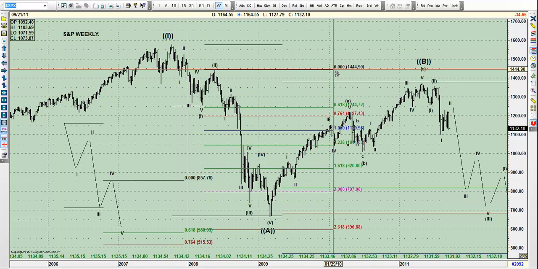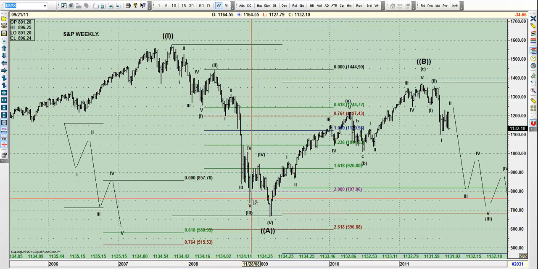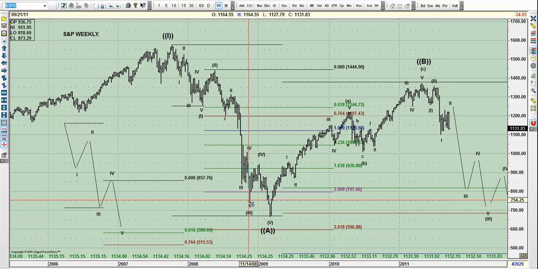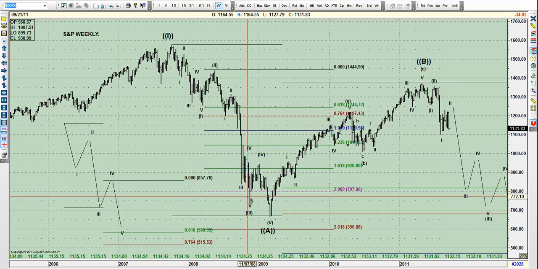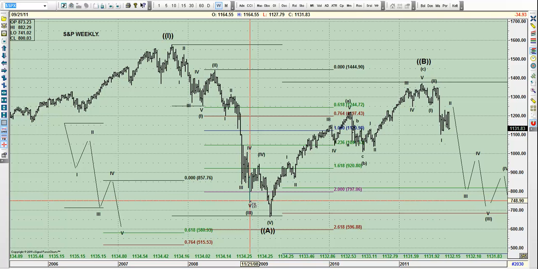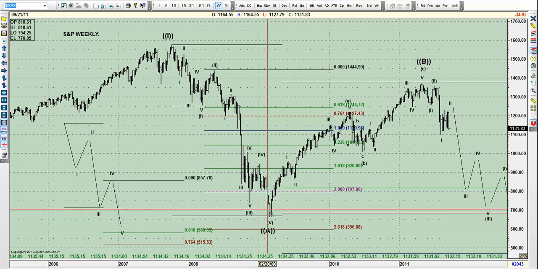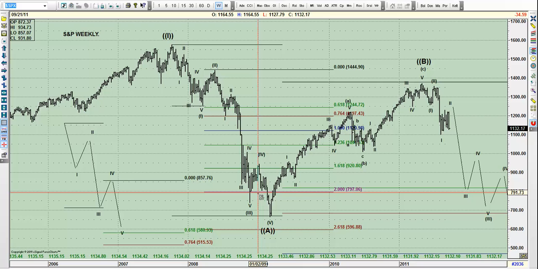So having said that, you get back to the higher degree 1, 3 right here, and you trace your Fibonacci. And when the market is running, remember, you don't know when this wave is gonna end. All you know is that with the wave 3, you have a 1, 2, 3, 4, 5. So you know that the cycle is coming to the end. Knowing that is enough to understand that when you do the measurement of wave 5, the level that should be in place is the 2.0, or in extension, the 2.618.